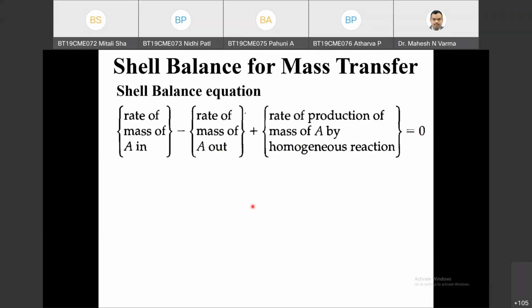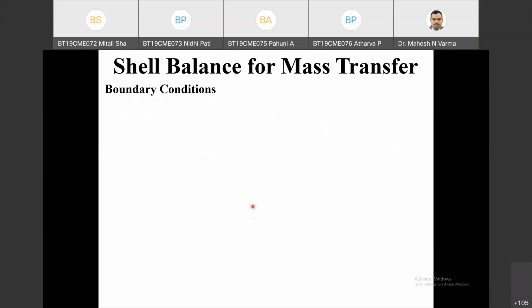And then to solve this problem, exactly the same strategy will be there. Initially we'll use a coordinate system, and then the expected variation of concentration: in which direction will concentration vary?